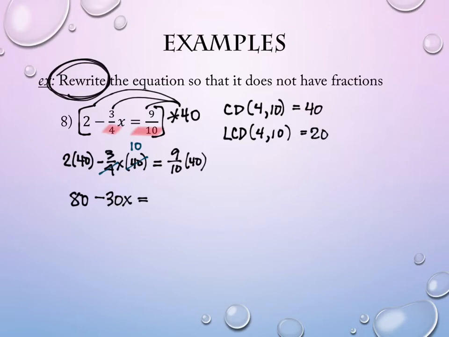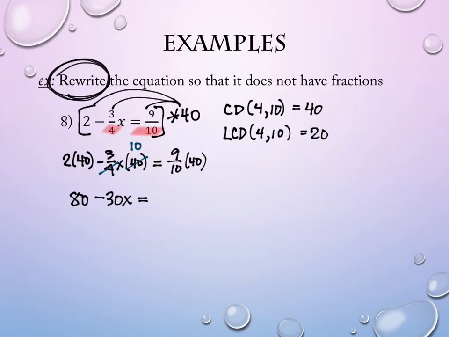On the right-hand side, I have 9/10 times 40. Once again, that 10 that's in the denominator and the 40, this is why I chose 40, right? Or 20. If you want to use 20, it'll work too. The reason I chose this is because it's going to reduce the denominator. I can take 40 and divide it by 10.